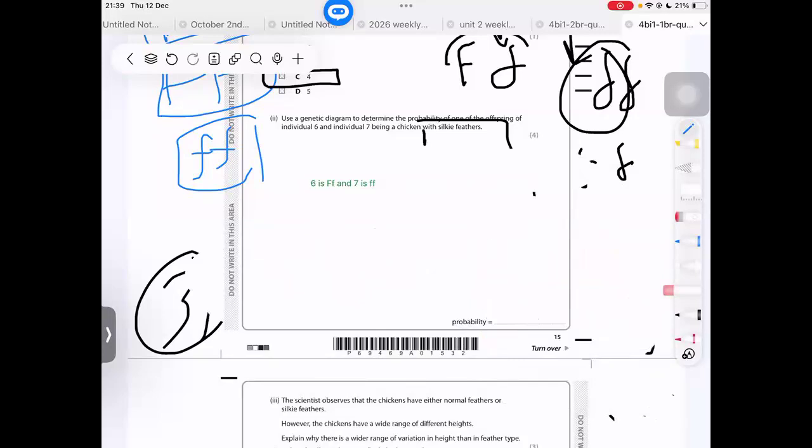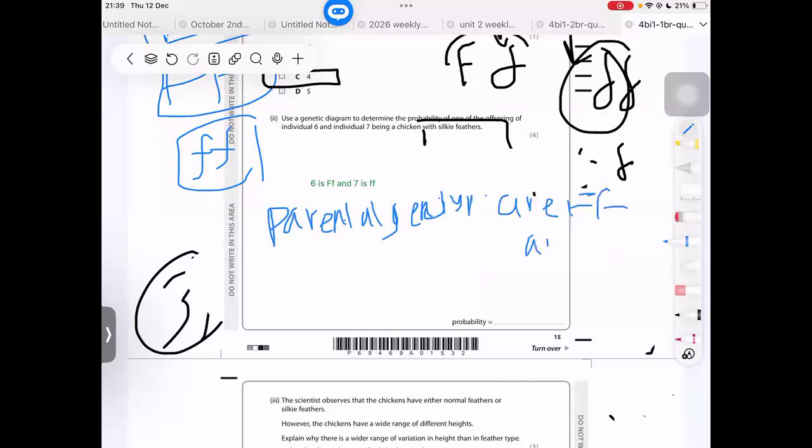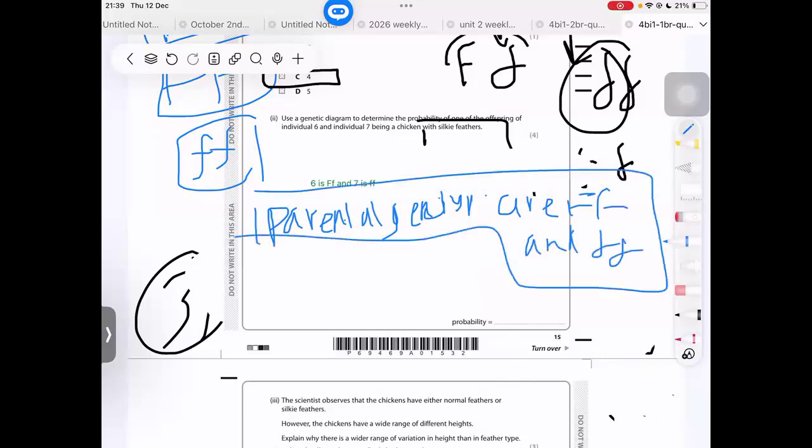Otherwise, this is the way that you can write the answer. You can write parental genotypes: capital F, capital F, and simple F, simple F. For recognizing that the parental genotypes are capital F capital F and simple F simple F, you get 1 mark.